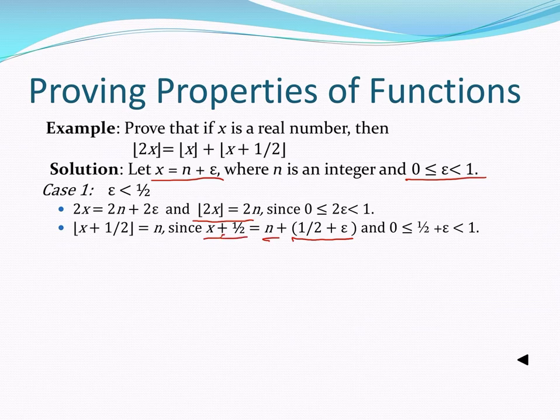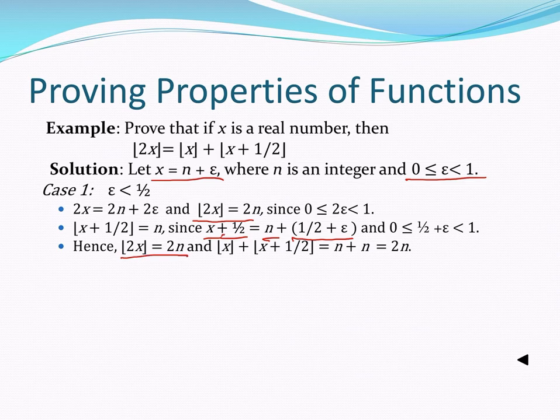And now we can combine them all together. We already know that the floor function of x is equal to n, so since the floor function of 2x is 2n, and the floor function of x plus the floor function of x plus 1/2 is n plus n, which is 2n, it works for the first case.